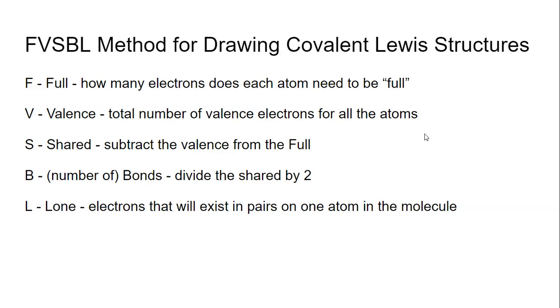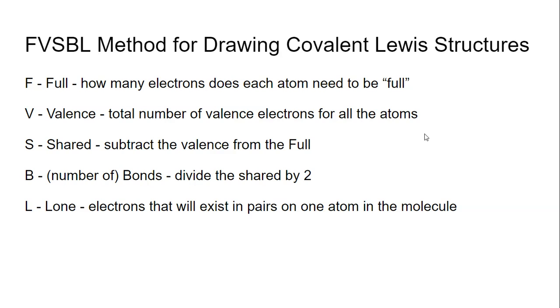Now, we can draw Lewis structures to illustrate the formation of the bonds in ionic and covalent compounds. With covalent compounds, I find it useful to use what's called the FVSBL method, which is the full valence shared bond lone.